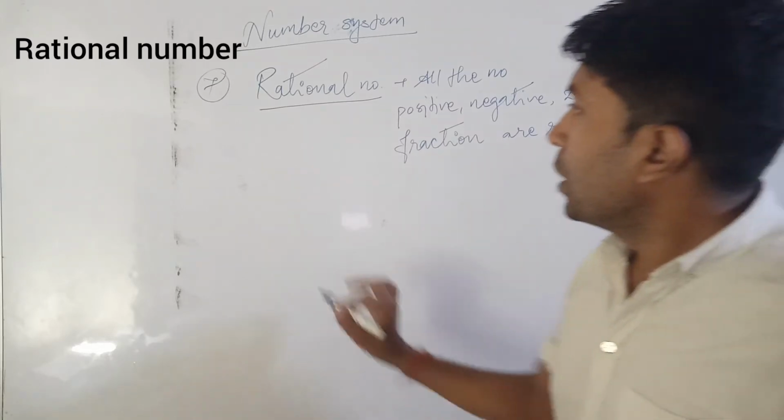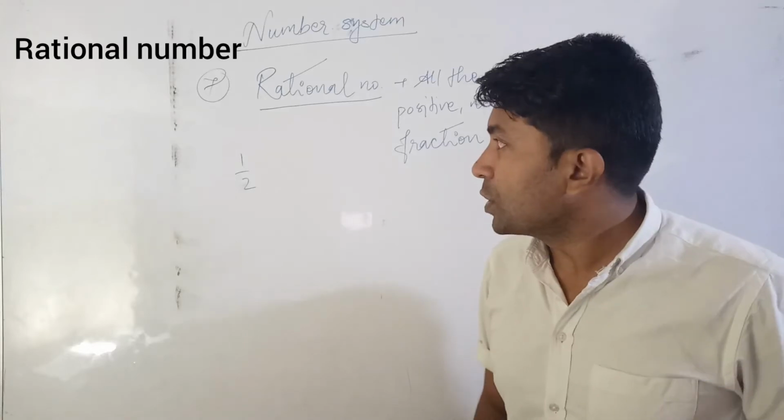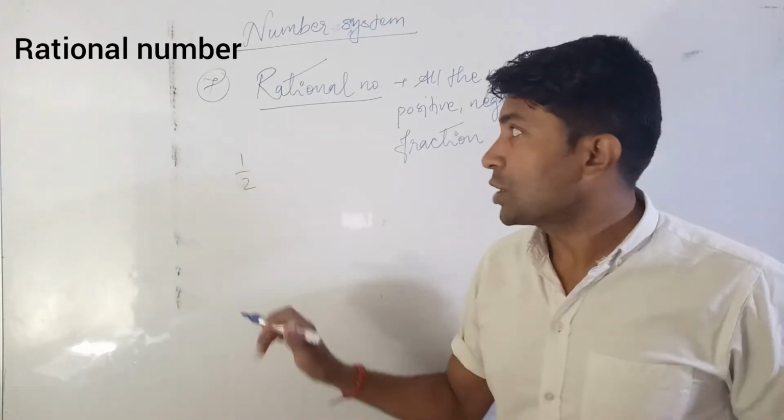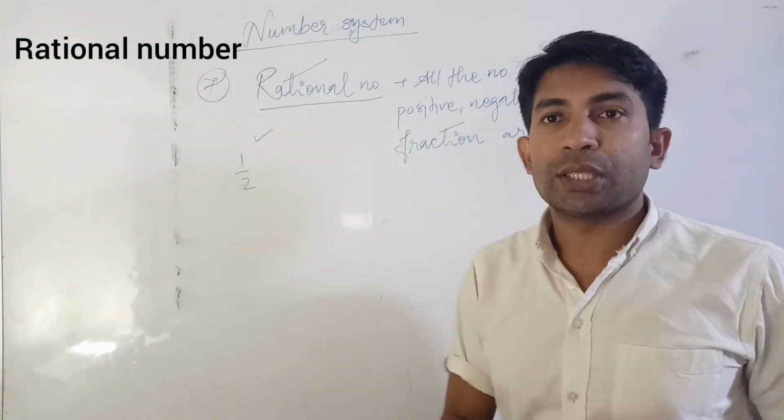If I ask you what is 1 upon 2, is it a natural number, a whole number, a prime number, coprime, composite? Not at all. Yes, but this is a rational number. Yes, this is a rational number.